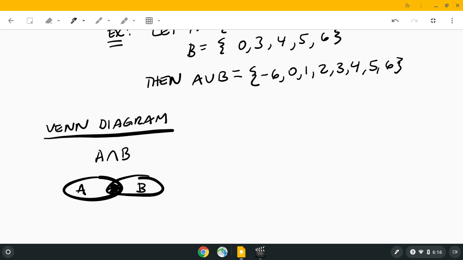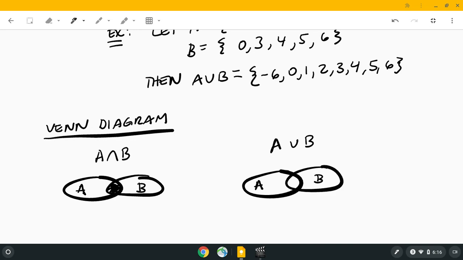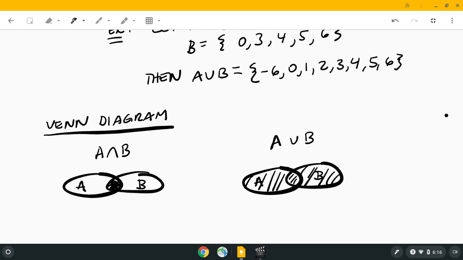If we looked at A union B, then it's what they have all together. What A has that B doesn't have, what A and B have in common, what B has that A doesn't have. Okay, it's everything.